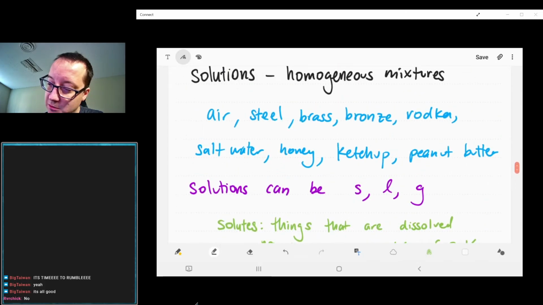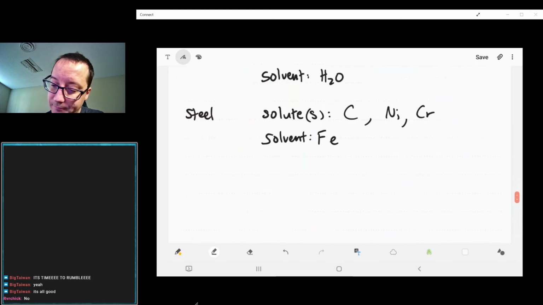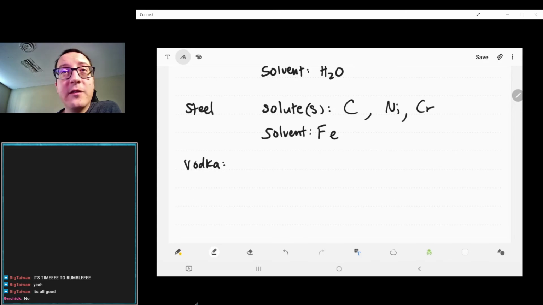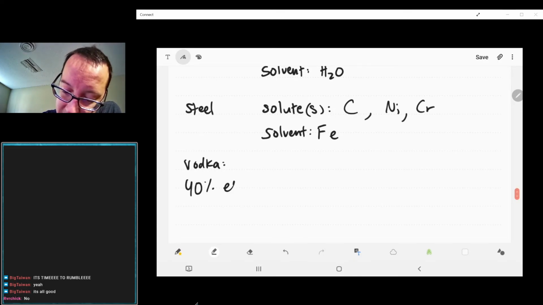What shall we do? How about we do vodka? Vodka, of course, is a mixture of ethanol and water. And we see that often vodka would be reported as 40% ethanol by volume.